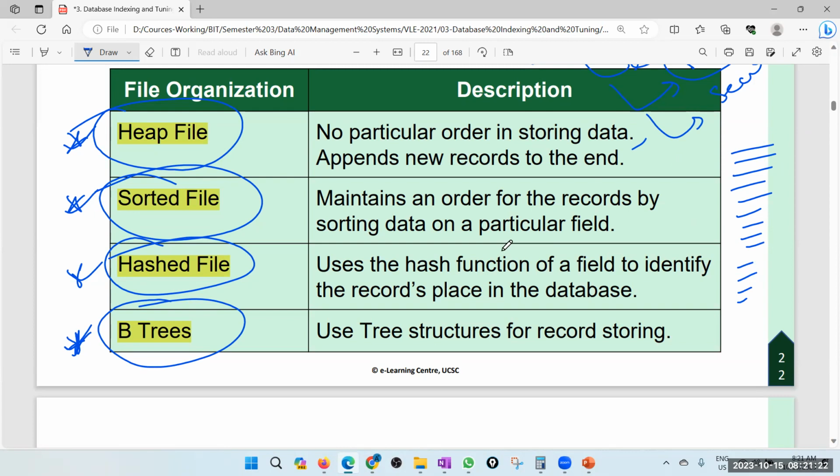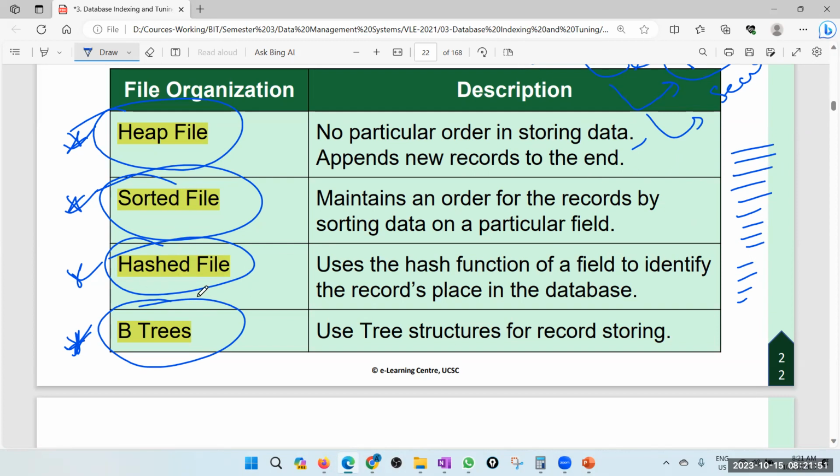There's no other mechanism to access it. Then sorted files maintain the sorting order. Maybe we have sorted according to the salary or department ID. New records are always added in the correct order, or correct location in the physical file. So that is called a sorted file.